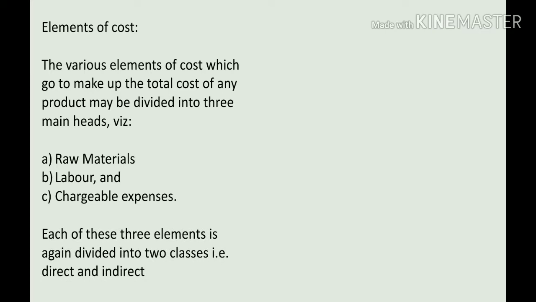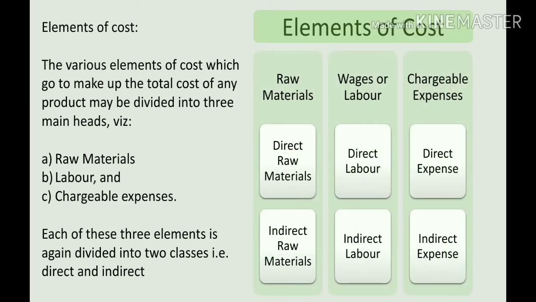Each of these three elements is again divided into two classes, that is direct and indirect. Again, raw materials can be divided into direct raw materials and indirect raw materials, wages or labor into direct labor and indirect labor, and chargeable expenses into direct expense and indirect expense.